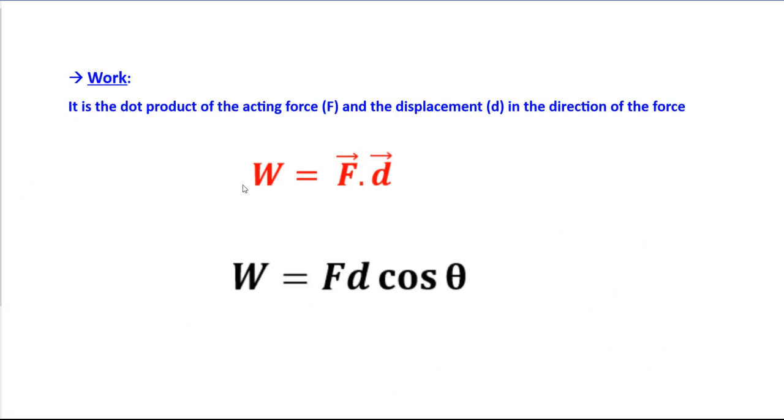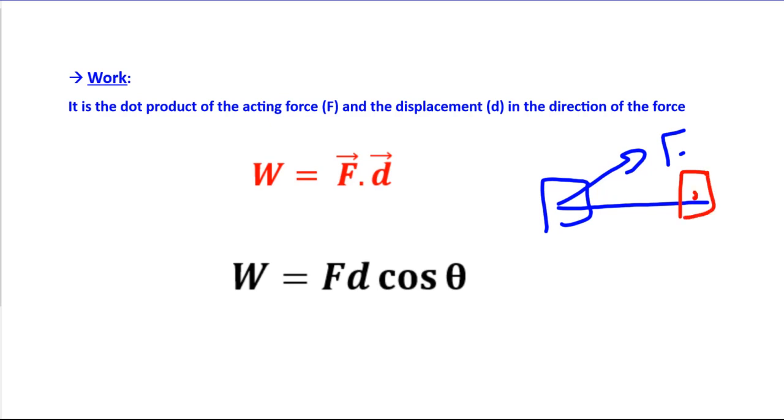If you have an object here and a force in this direction, and the object is moved till it reaches this position, here is the displacement, and the force is inclined by angle theta.